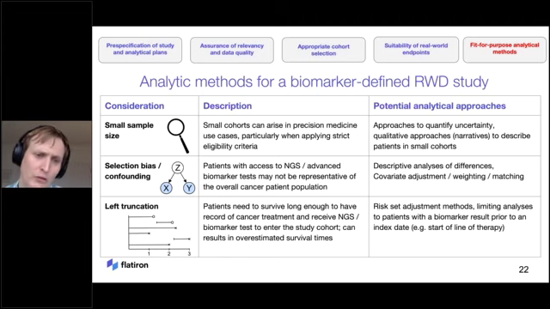Some of the things, this is more general, is just dealing with selection bias and also confounding of variables. So finding ways to describe these patients better and use balancing methods when you're comparing to, say, a trial or another data source. The last thing I want to focus on is something that's sometimes not as fully understood, I think, by a lot of consumers of real-world data. If you are combining data across different sources, this question of delayed entry or left truncation comes up, where if you are relying on patients surviving long enough to get into all the data sources that you're using, it can lead to overestimated survival time.